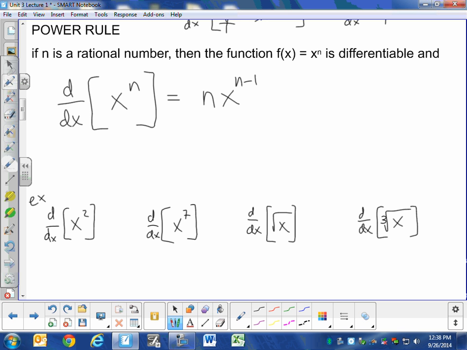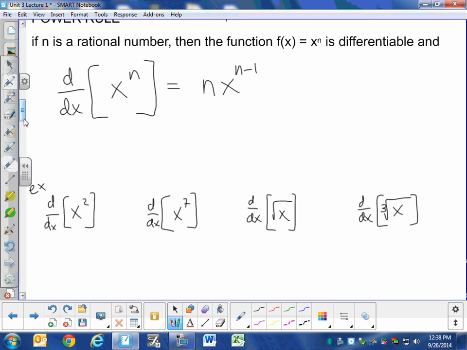That's your first rule. That tells me that the derivative of x squared is just 2 times x to the 2 minus 1, which is just 1, which gives me the derivative is 2x.